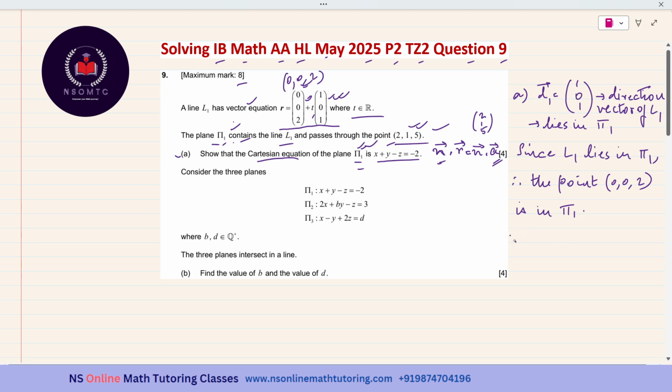Therefore, let A be (0, 0, 2), I'm just naming the points, and B be (2, 1, 5).